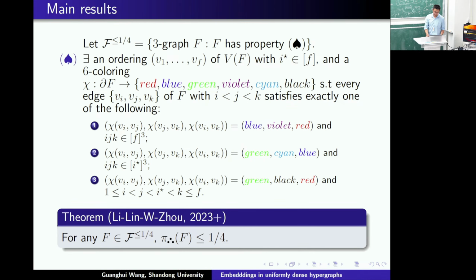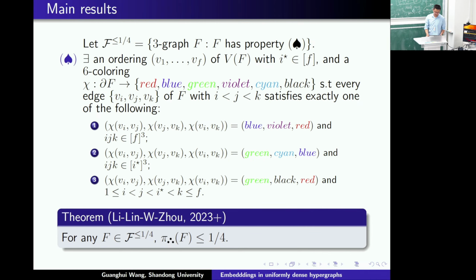We give F an ordering v1, v2, ..., v_f, and there is a 3-coloring of the shadow. So we map the shadow into a color set: red, blue, green, violet, cyan, black. And each edge is exactly one of the 3 kinds.